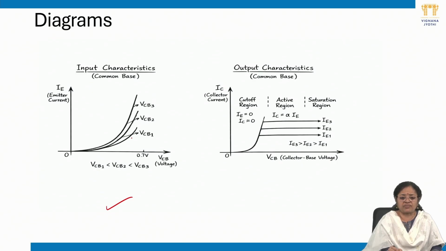For example, we fix the output voltage VCB at 1 volt, or suppose we fix it to 2 volts. By obtaining this, we vary the input voltage VEB in steps of 0.1.